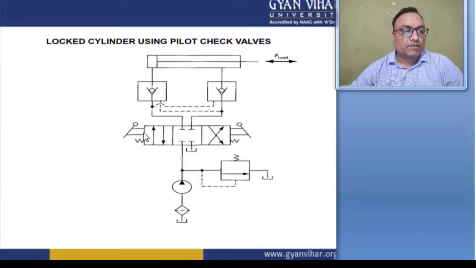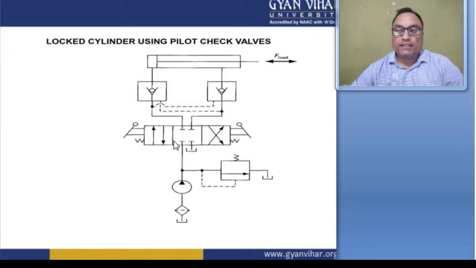In this position of the direction control valve, the pressurized fluid goes to the pressure reducing valve and then the reservoir. And this is the locked condition.